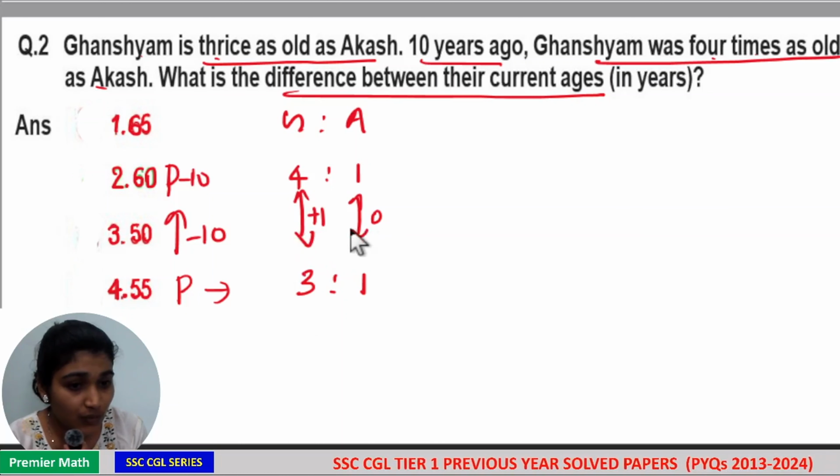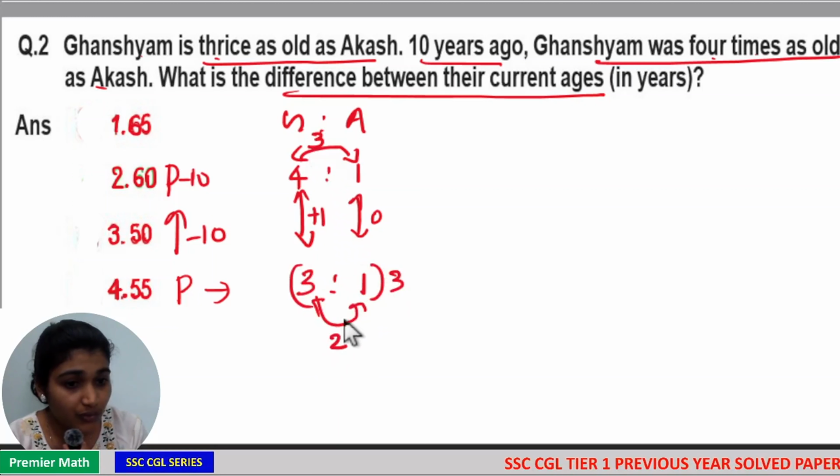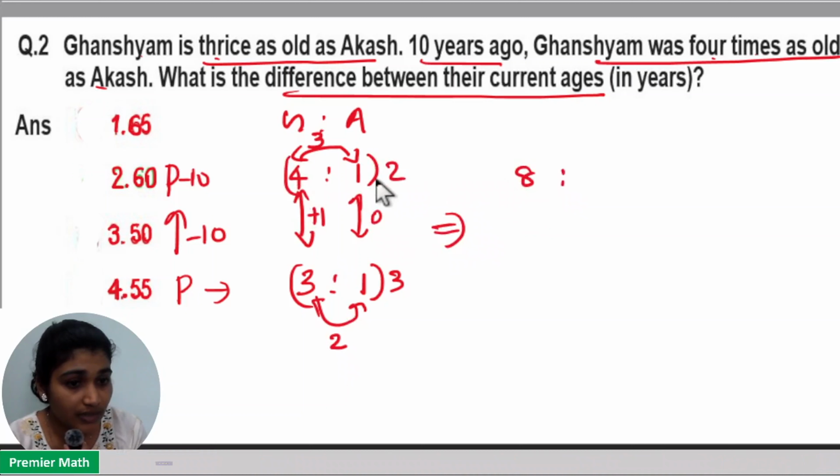So to make this constant, take the above ratio difference, which is equal to 3. Now multiply this above ratio difference with the below ratio. And now take the below ratio difference, which is equal to 2. Now multiply this below ratio difference with the above ratio. Now change the ratio. 4 into 2 is equal to 8. 1 into 2 is equal to 2. 3 3s are 9. 3 into 1, 3.